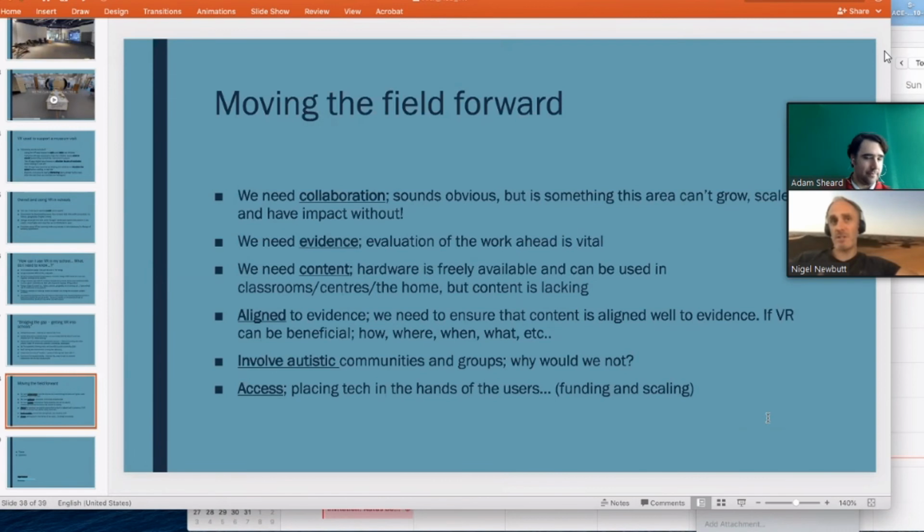And we provide such a compelling argument that they definitely should take this technology on. That enables us to really see the scale to this. And I think that's the issue we've had. We've had lots of interesting work going on in piecemeal, scattergun approaches. We really need to see this work scale now. And I think that's the next big challenge, and that links to content for me and the evidence that comes with the content.